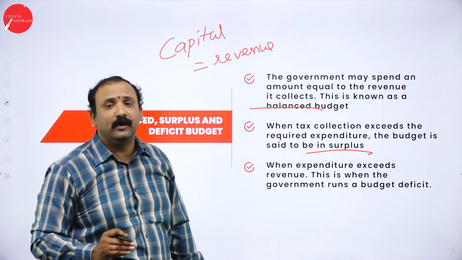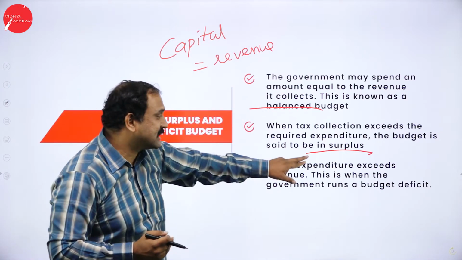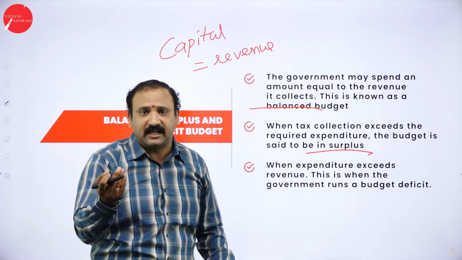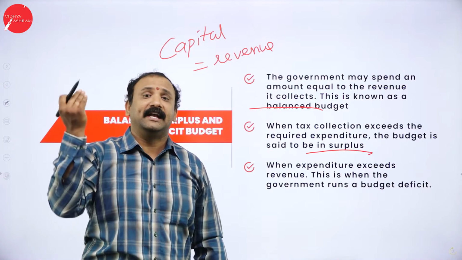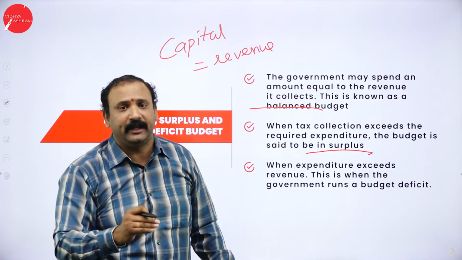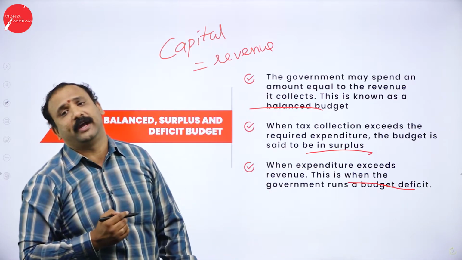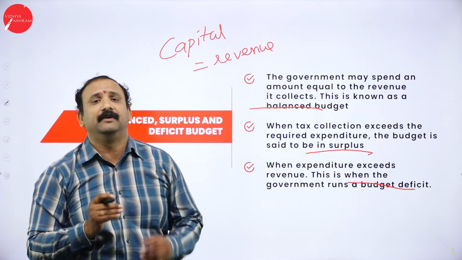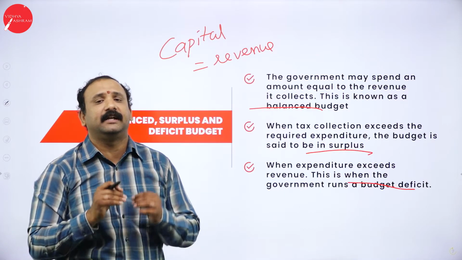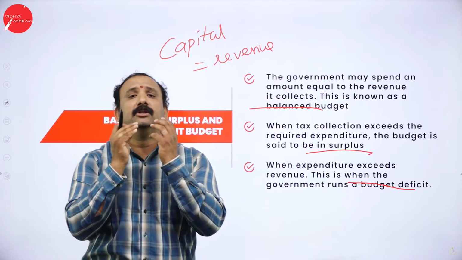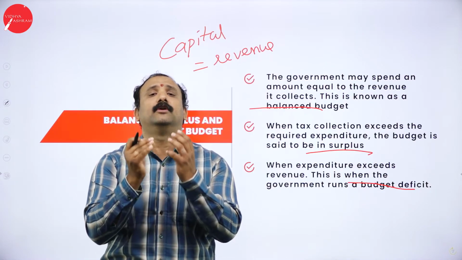Now the next part: when the expenditure is more than revenue. Suppose the tax collection is lesser but government expenditure is very high, then we call that a deficit budget. We don't want to see a deficit budget at any point of time, because it will not promote anything good for the country.